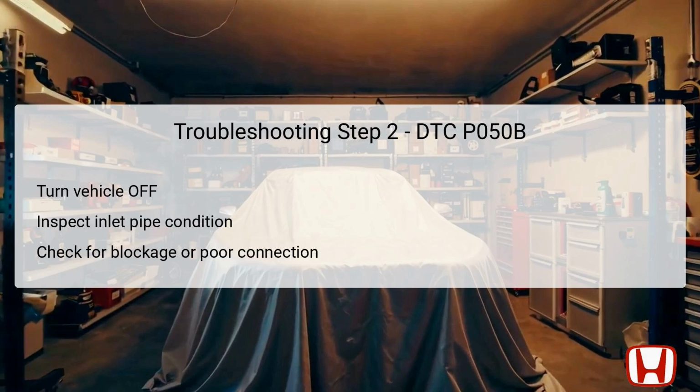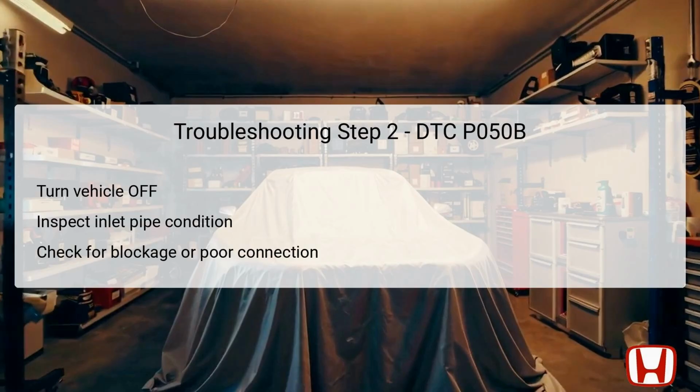Moving to the second step of the troubleshooting process requires the ignition to be turned off first. With the vehicle in the off mode, visually inspect the inlet pipe for any signs of blockage or poor connections. The inlet pipe must maintain a clear path for airflow into the engine. Any blockage can lead to significant performance issues.